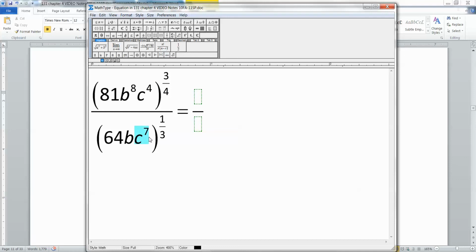C to the 7th should be in that parentheses, and you should have a 1/3 outside. Okay, so, well, we're going to have to distribute. I mean, we don't have any options. You got to distribute each one of them separately. So you got to go 81 to the 3/4. Then B to the 8, it's going to be times 3/4, right? Hopefully you're getting used to that.